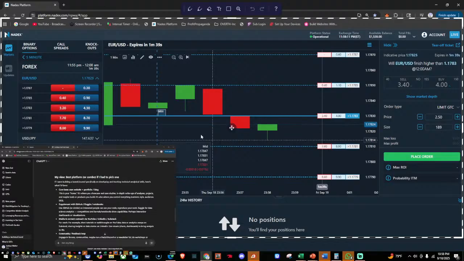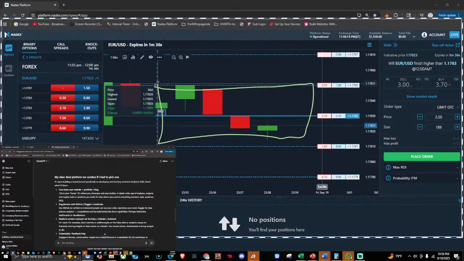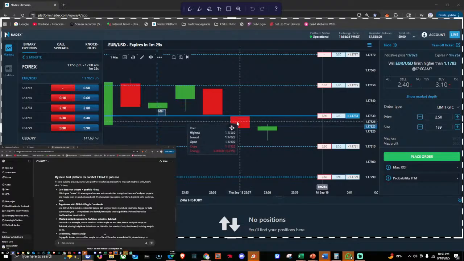So anywhere within this is the current position of the market. So it can rest anywhere in that box that I just made. Those wicks tell me that the market's not fully stable.